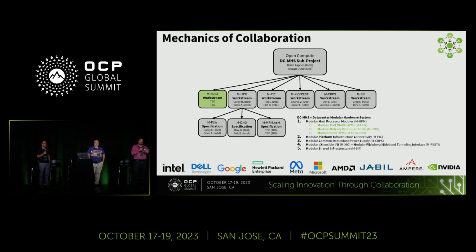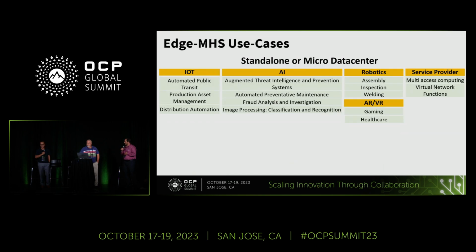Joining DC-MHS does not obligate you to participate on all work streams. We can set up a work stream that's dedicated to the edge solutions. This diagram here shows an example of it. And then as we get into how the different technologies are working together, I hand back to Vincent.